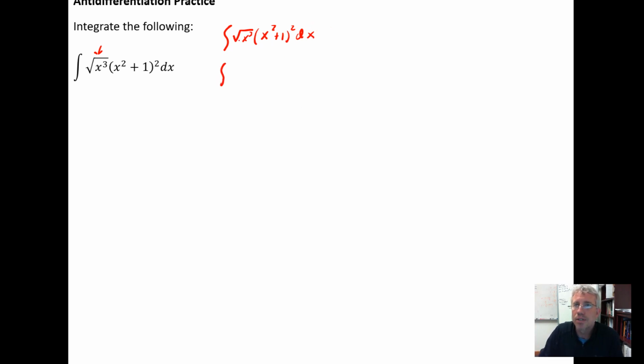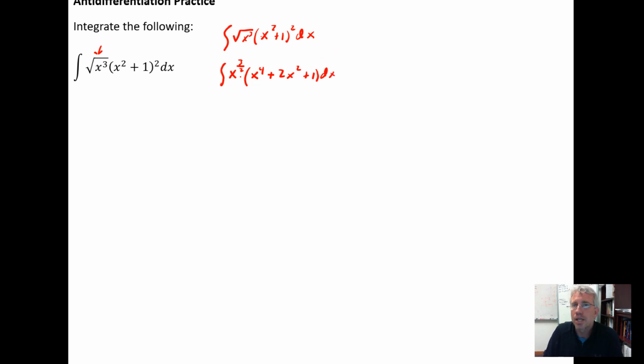I can say, hey, look, this is the square root of x to the 3rd power, but that's just the same as x to the 3/2 power if I write it as a rational exponent, times, hey, I know how to square x squared plus 1. I get x squared times x squared is x to the 4th. We get an x squared times 1 two times, so we get plus 2x squared, plus we get 1 times 1 is just 1, and this is dx.